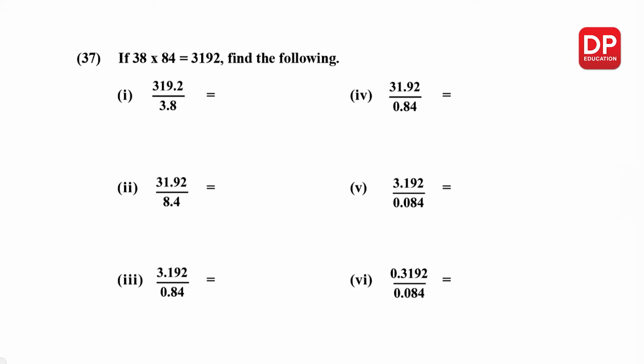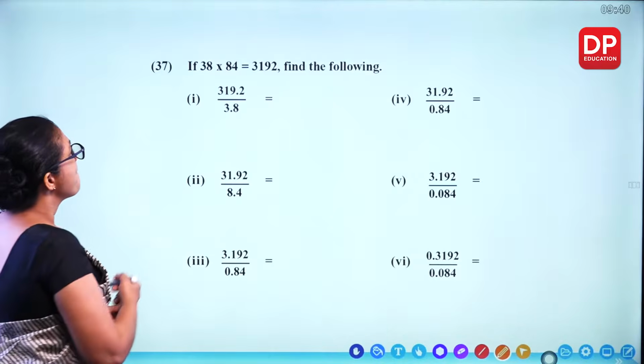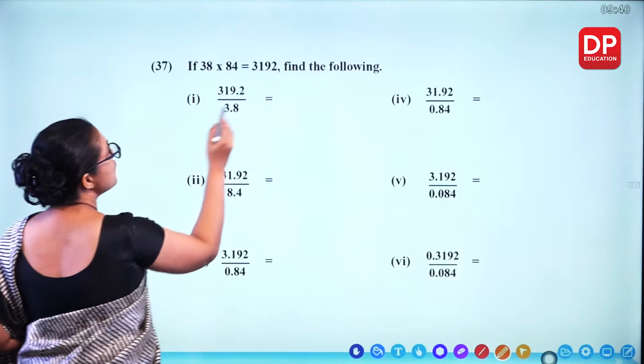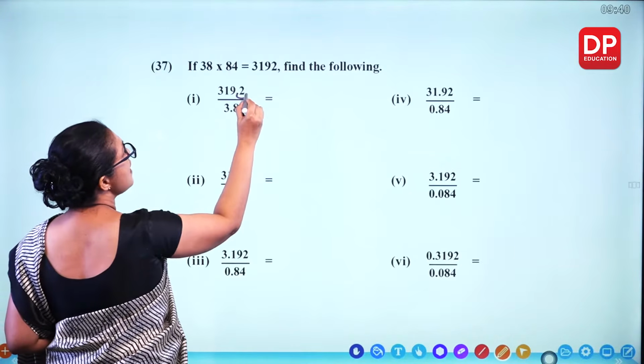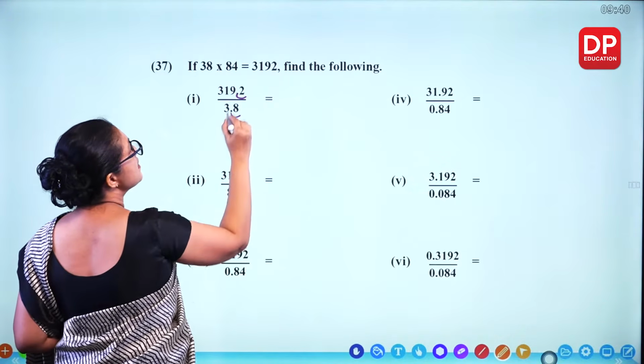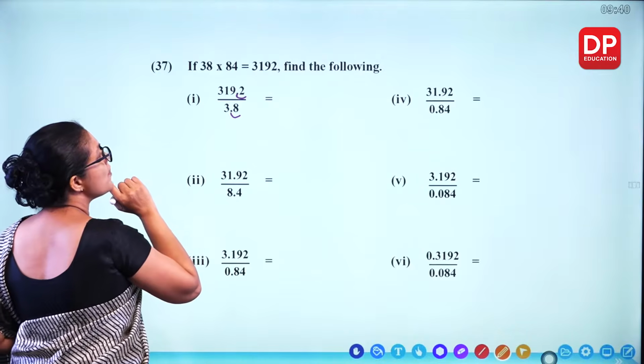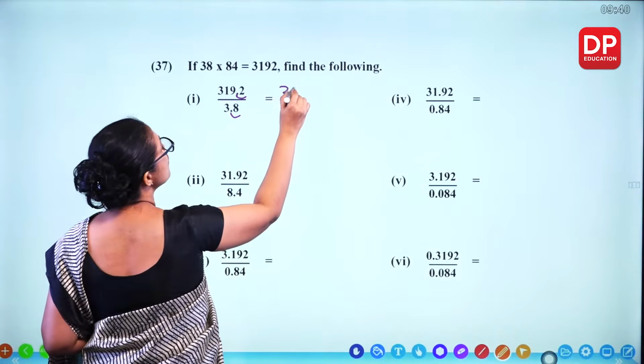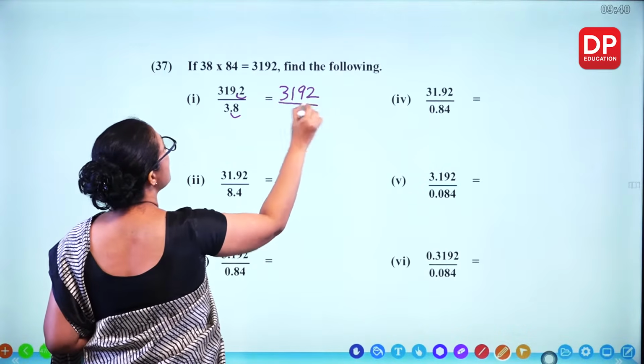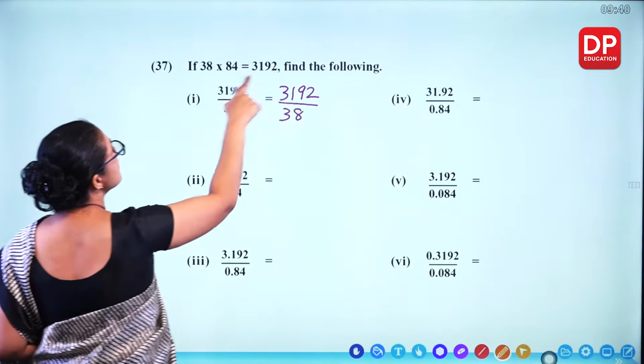Look at this one. If 38 into 84 is 3192, find the following. Now, first get rid of the decimal point. You can write the same thing by multiplying both the numerator and the denominator by 10. 3192 divided by 38. So, what's the answer?